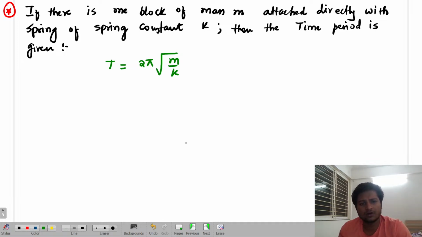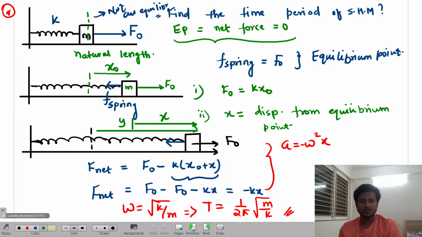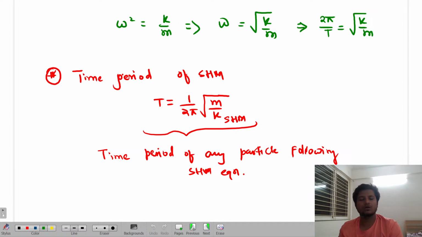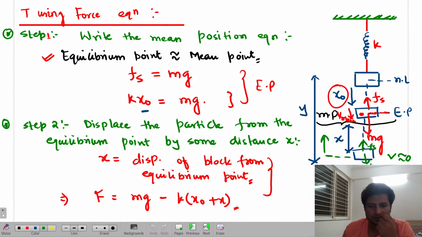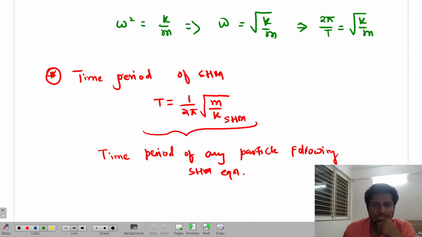Means if there is only one block, is it 1 by 2 pi? One minute, let me just check. No, one minute.